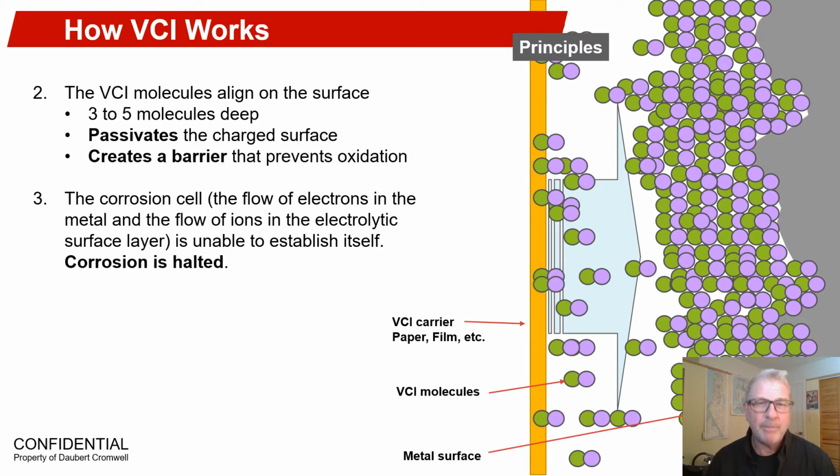Naturally, the term VCI is typically associated with being volatile, meaning it can protect metal even if it is not in direct contact with it. However, VCIs from Daubert are also contact-oriented. They are compatible with the metal as well as any residue that may be on the metal surface.